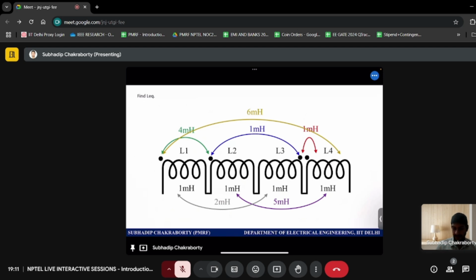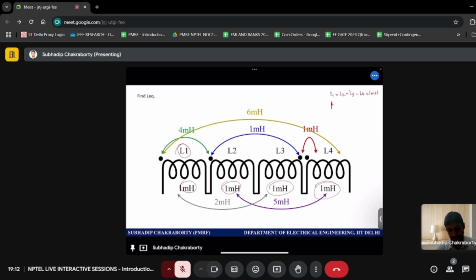The next problem gives you 4 coupled coils having self inductances of 1 millihenry for all the coils, but the coupling among the coils is given. So if I write them mathematically, L1 equal to L2 equal to L3 equal to L4 equal to 1 millihenry.